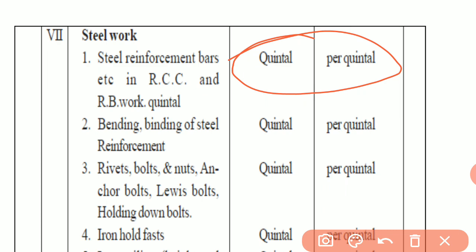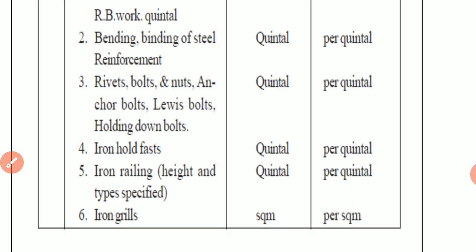For bigger quantities we order in quintals, so per quintal or per kg is okay. Then binding of steel reinforcement is in quintal. Then rivets, bolts and nuts, anchor bolts, Lewis bolt, holding down bolts are measured in quintal.